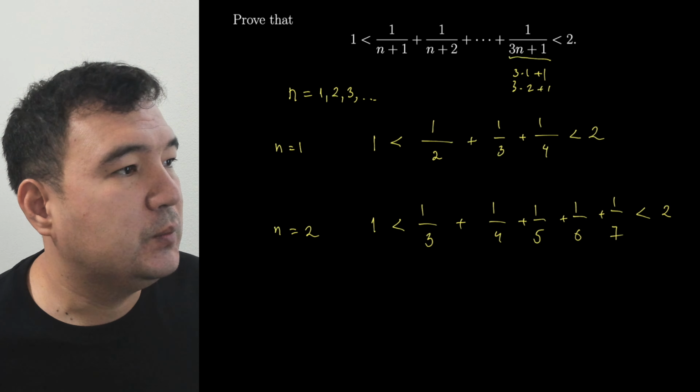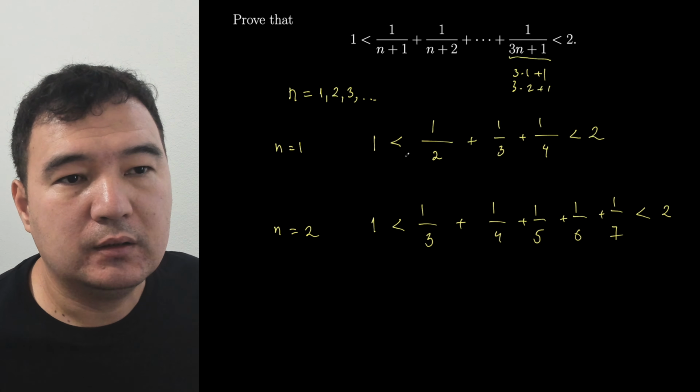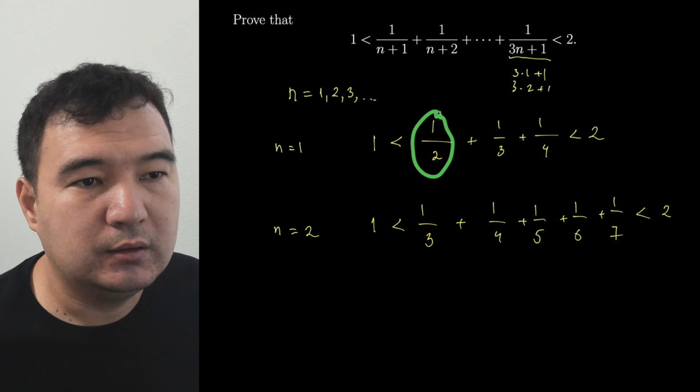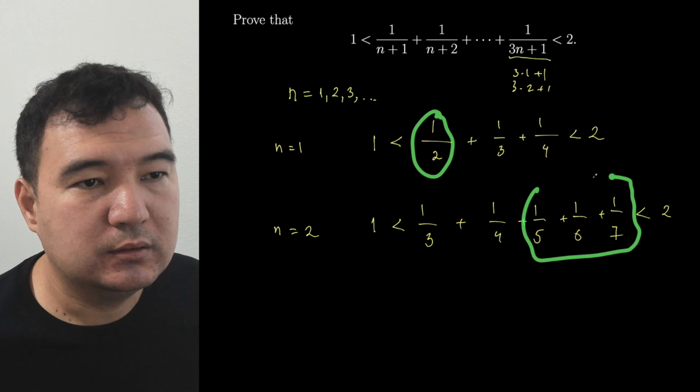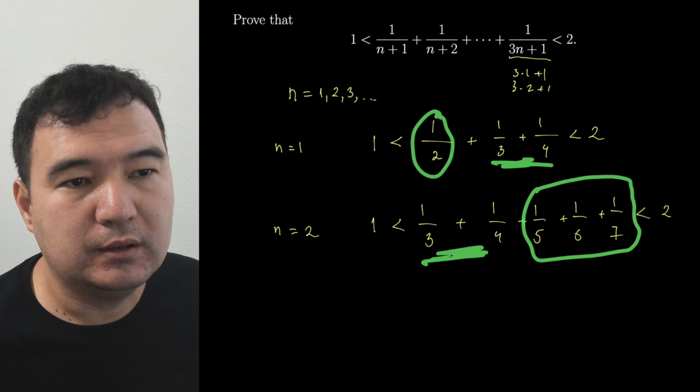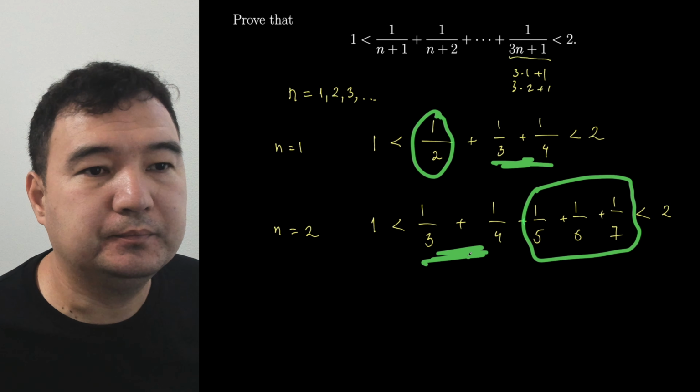So the difference between the first and the second is that this one has this extra term here and this one has these 3 terms. So 3 and 4, 3 and 4, these are common terms in both of them.